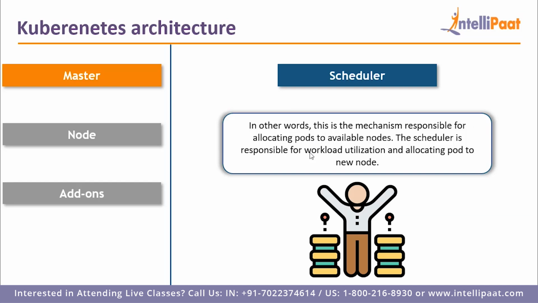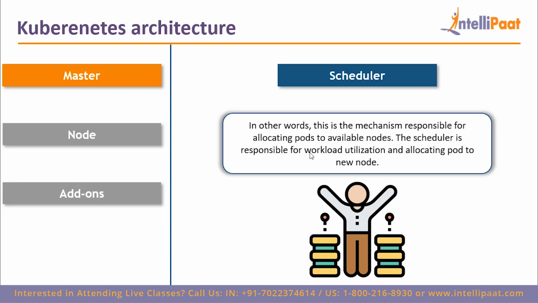So basically, in other words, this is a mechanism which is responsible for allocating all the pods that are available to the nodes. As I told you, there are a lot of different containers. If you understand Docker, you know the basic container has a simple image. Now multiple of these containers together form a pod, and this pod can be some kind of application.